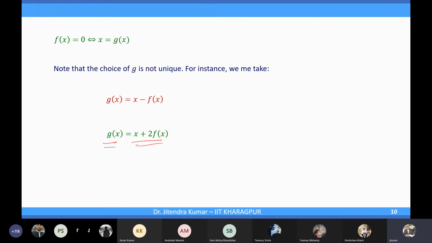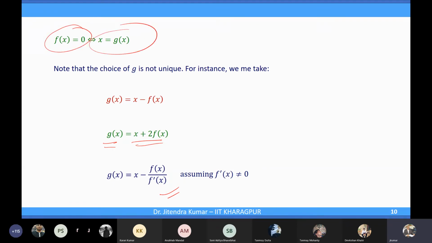Again, you will get the same equation. You can get g(x) in this form. There are several, and we will see in the examples also. There are many possibilities. In fact, I would say infinitely many ways of writing f(x) equal to 0 as x is equal to g(x). But not every splitting will lead to convergence.